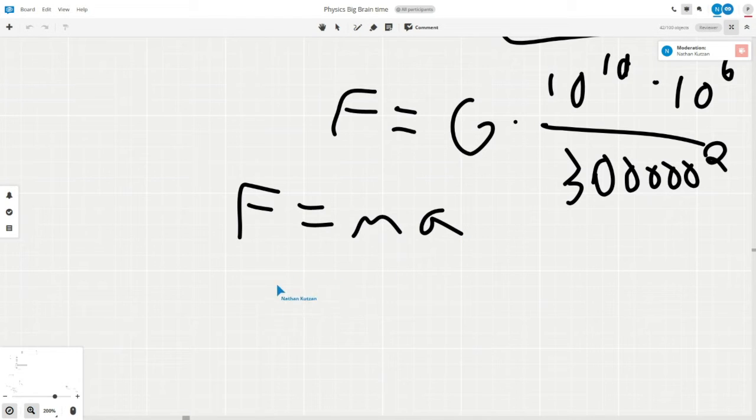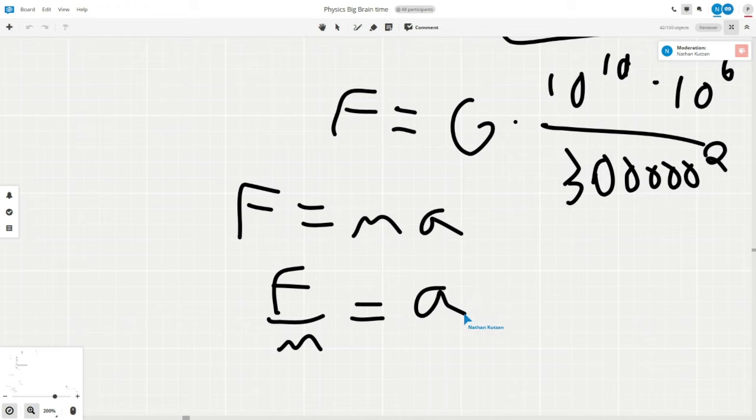So the force over the mass of the object is equal to the acceleration. Since they have different masses, even though the force on both bodies is the same, they're going to have different accelerations. Does anyone have any questions about that so far?